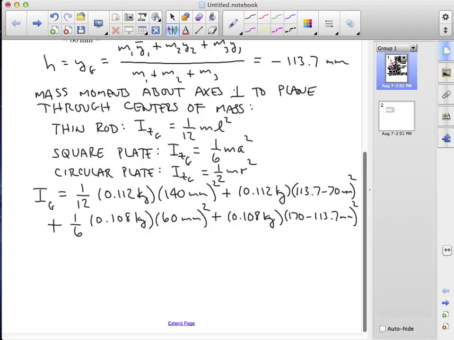And finally, for the circular hole, our mass is negative, so we'll put a negative out here. We have 1/2 mr squared and the parallel axis offset is again this value.